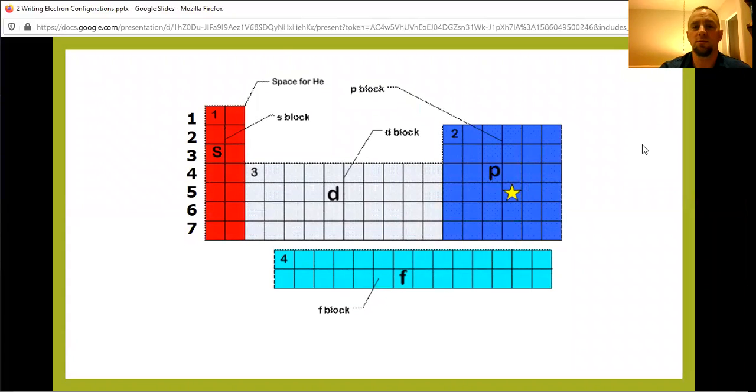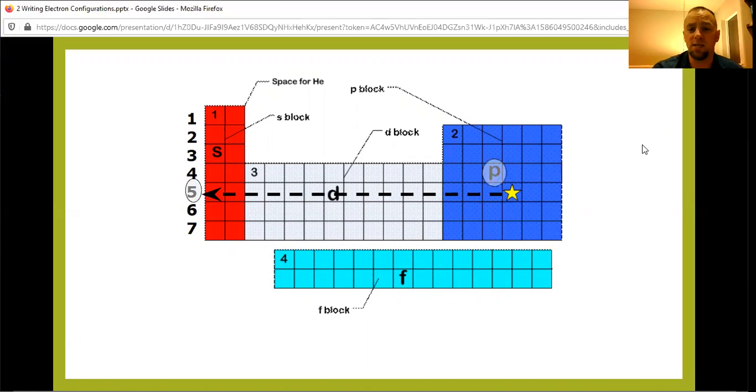And here's how we do that. We have 7 energy levels, which coincides with 7 periods on the periodic table. If we take a look at this particular element here, where the star is located, it happens to be tellurium. It is in the 5th row, so it is the 5th energy level.